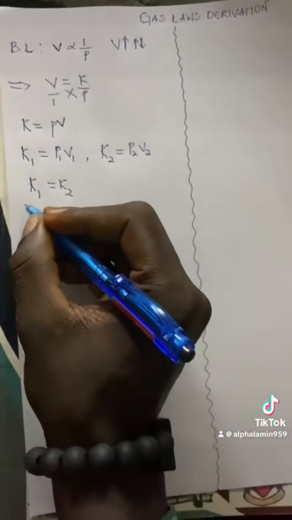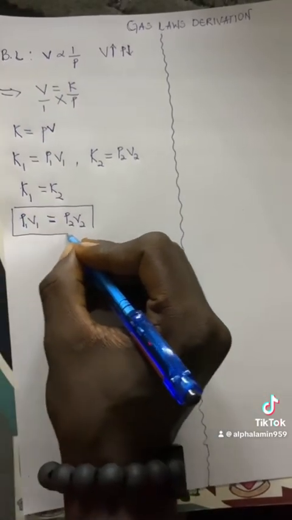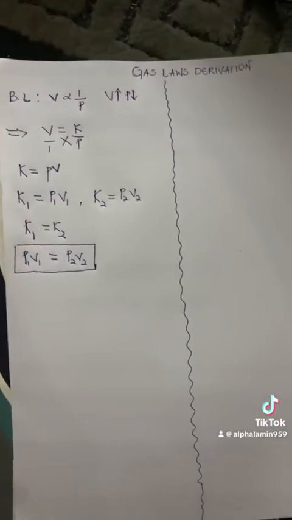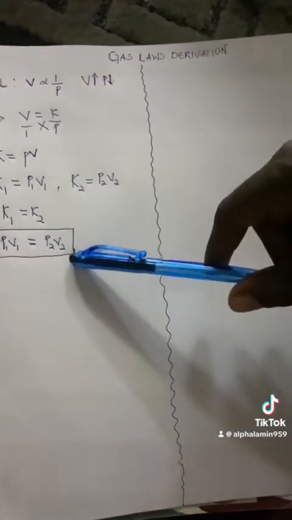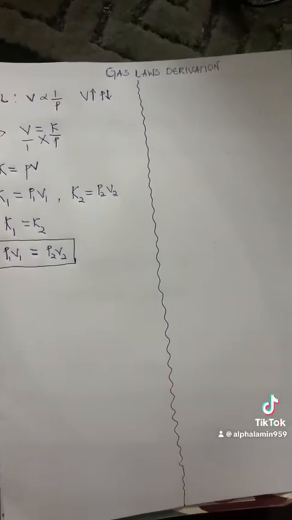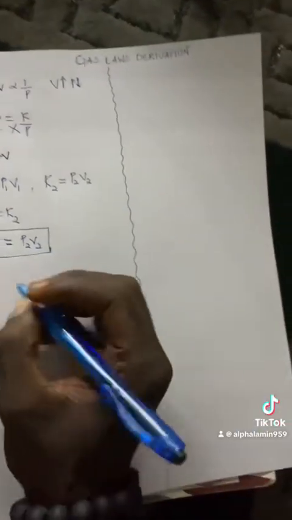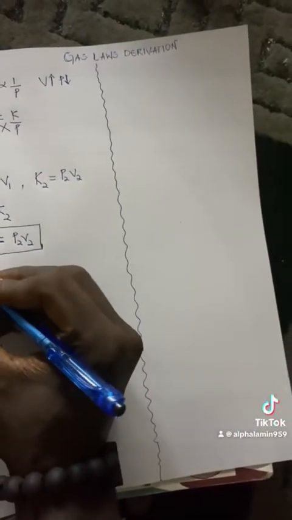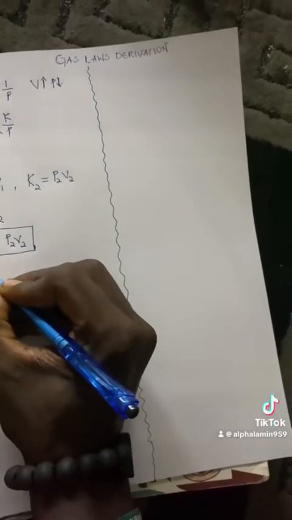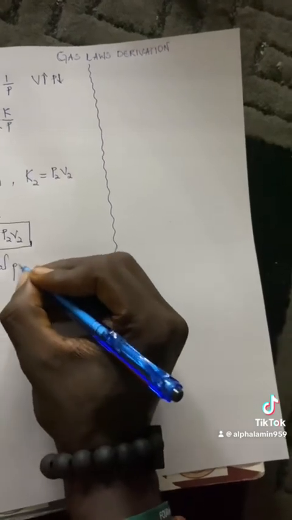So this is the relation for what? Boyle's law. If you're asked to solve any problem that has to do with the pressure and the volume of a gas, this is the relation that you're supposed to use. You'll be given, maybe they will give you initial pressure. Let me just write this down. P1 represents initial pressure.